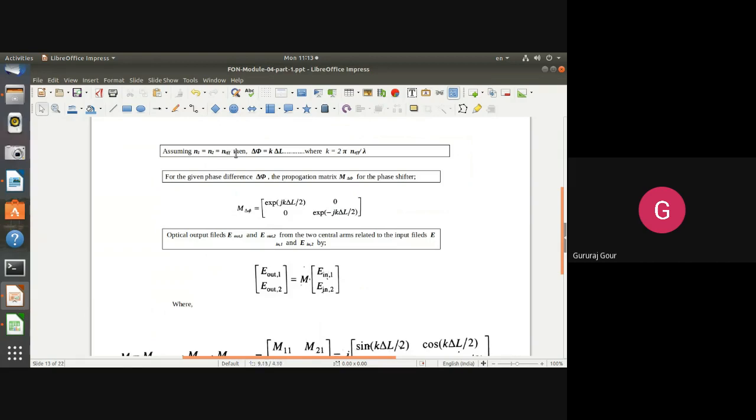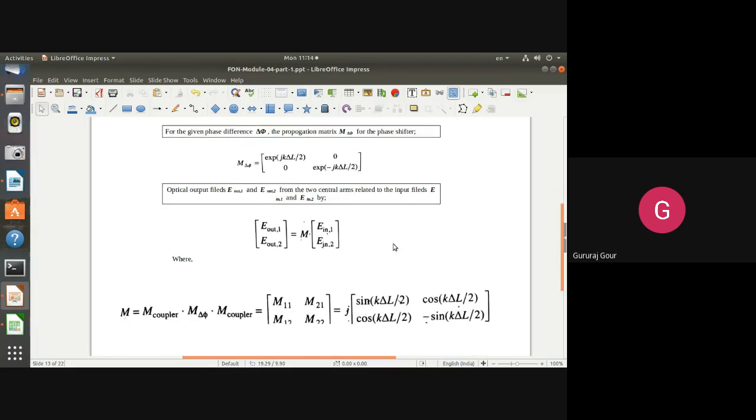And then by assuming effective indices N1 and N2 equal to N effective, we got the manipulated change in the phase, that is delta phi, in terms of N effective, and we arrived at the propagation matrix M delta phi for the central portion, that is a phase shifter. Okay.